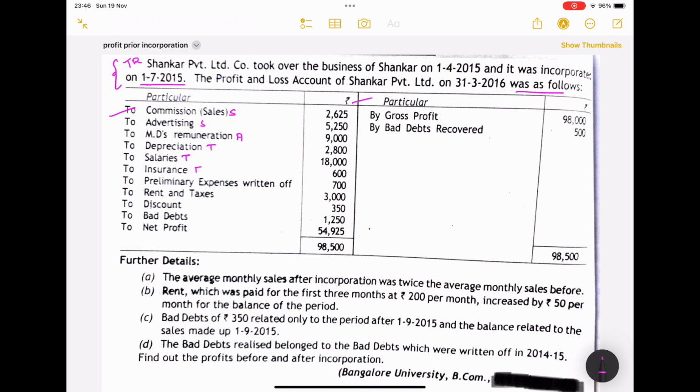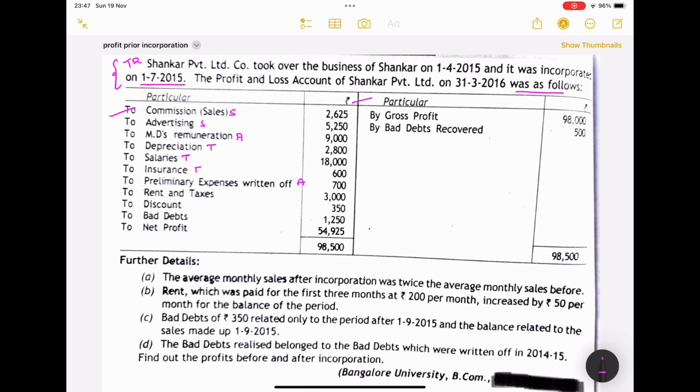Preliminary expenses are written off. Preliminary expenses, interest on vendor's capital, MD's remuneration, directors' remuneration and audit fees, those concepts are always related to actual post-incorporation. So I have just written A.